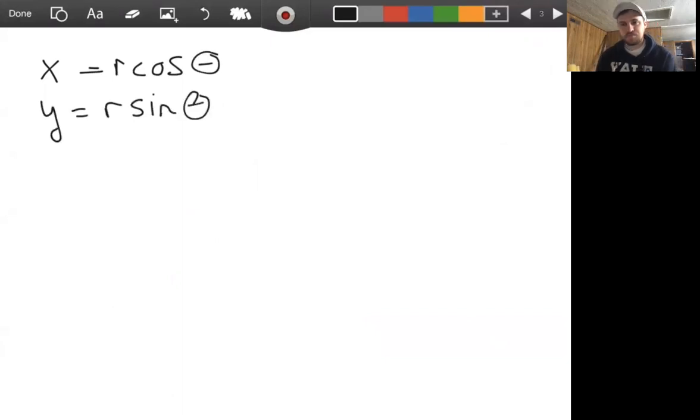If you remember our formulas for going from polar coordinates to Cartesian coordinates, we have that x equals r cosine theta and y equals r sine theta. Well, we're looking at some polar curve, r equals f of theta.